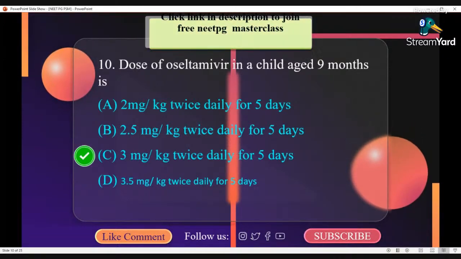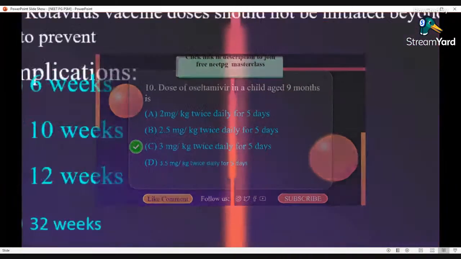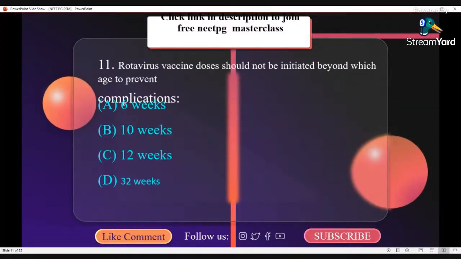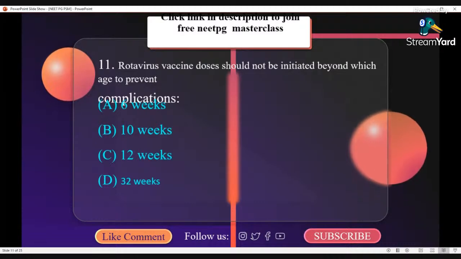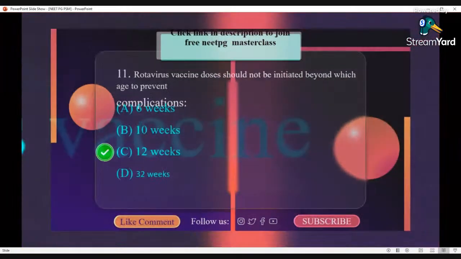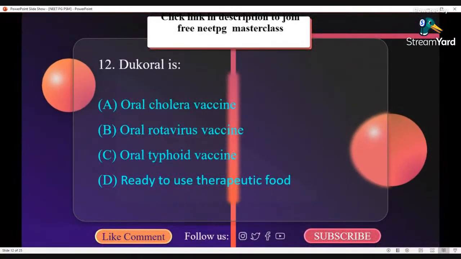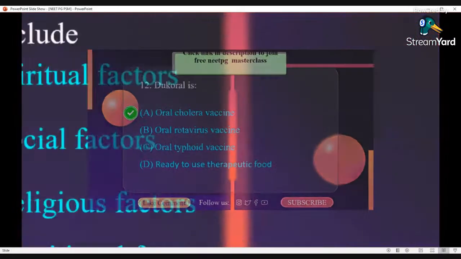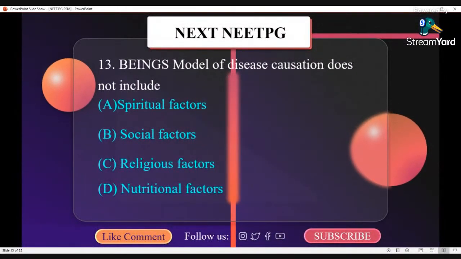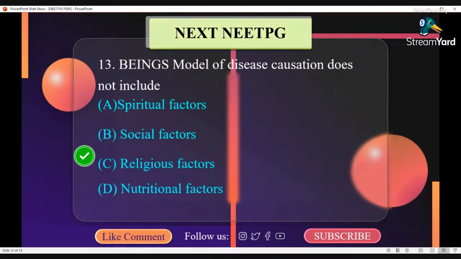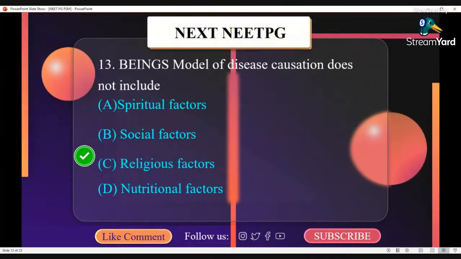So the correct option here is C. Rotavirus vaccine doses should not be initiated beyond which age to prevent complications? So the correct option here is C, 12 weeks. Dukoral, we know it is oral cholera vaccine. Being's model of disease causation does not include A, spiritual factor, C, religious factors.